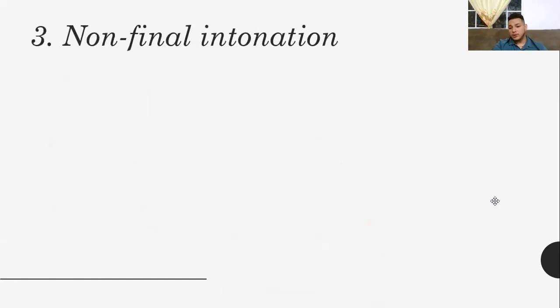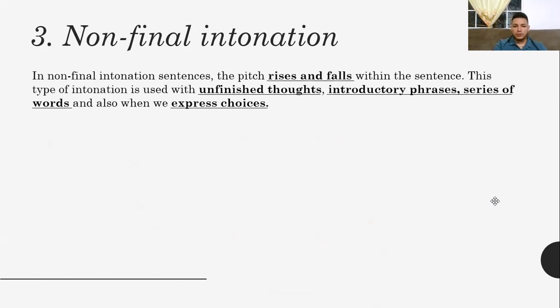Not final intonation. We have to be careful with this one. In a not final intonation sentence, the pitch rises and falls within the sentence. This type of intonation is used with unfinished thoughts, introductory phrases, series of words, and also when we express choices.